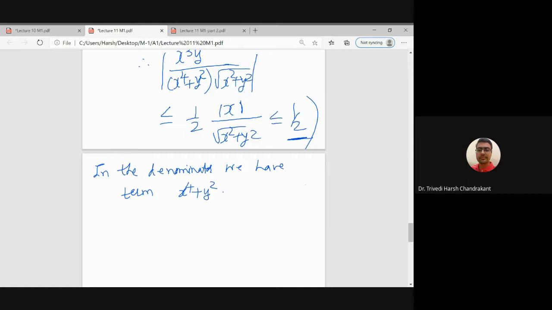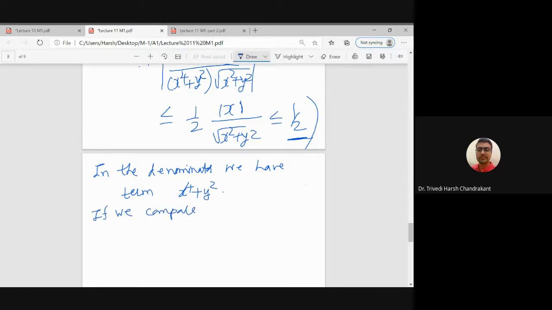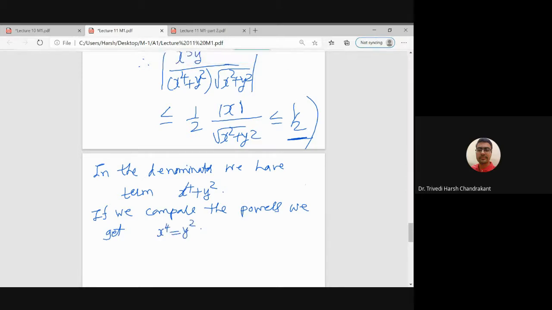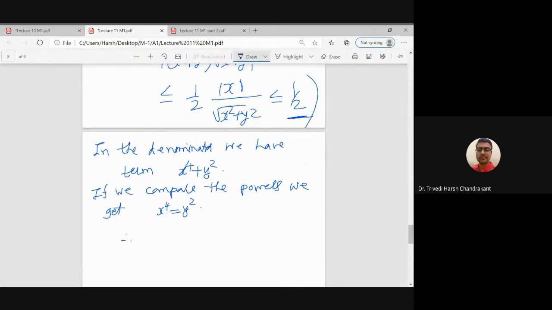If you compare the powers, in that case we get x power 4 equals y square, and that means we get y equal to x square or y equal to minus x square.